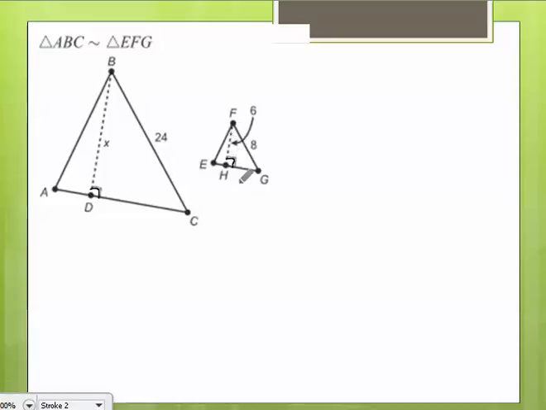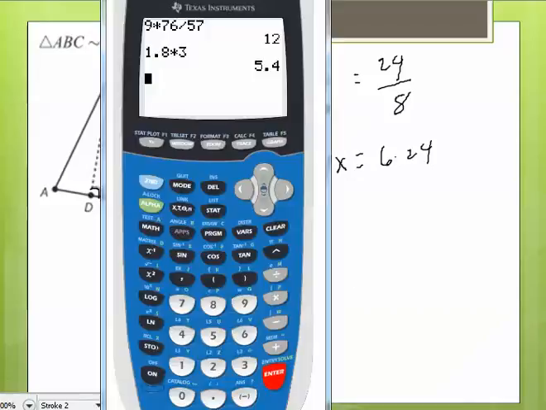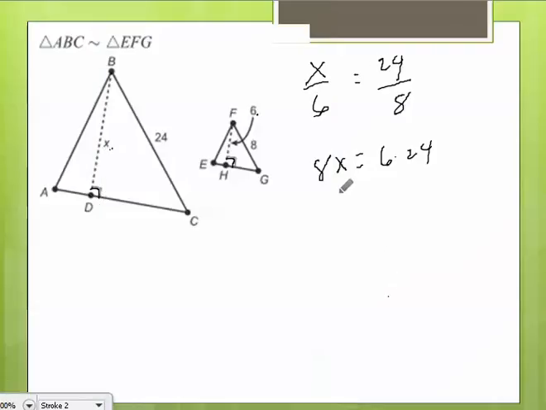So since these two triangles are listed as being similar, you can say that x over 6, well, how did I get that? Well, I went from x to 6. I went from one triangle to the other triangle, will be equal to 24 over 8. Now we can do our means and extremes. 8x will be equal to 6 times 24. And I can't do 6 times 24 in my head, so 6 times 24 is equal to 144.